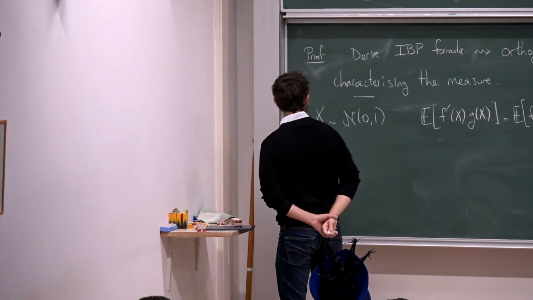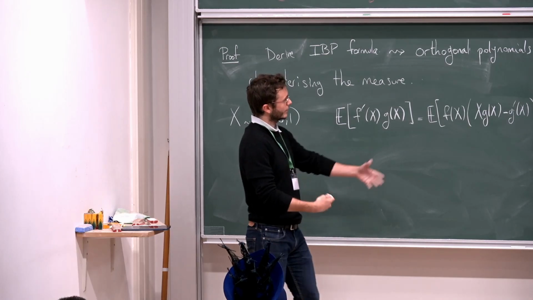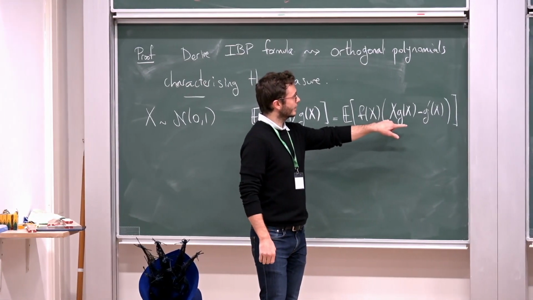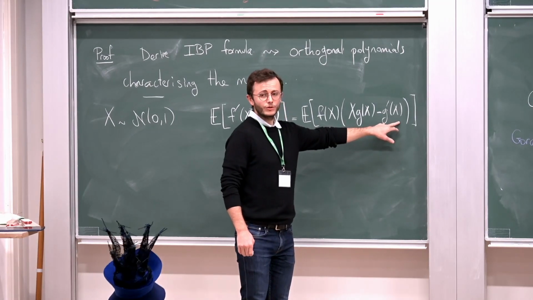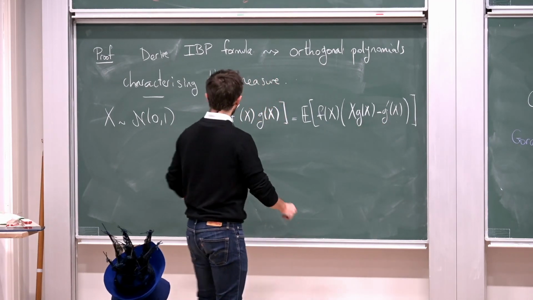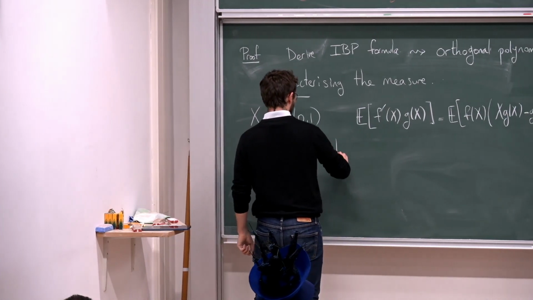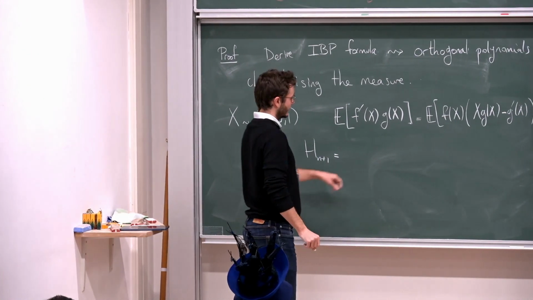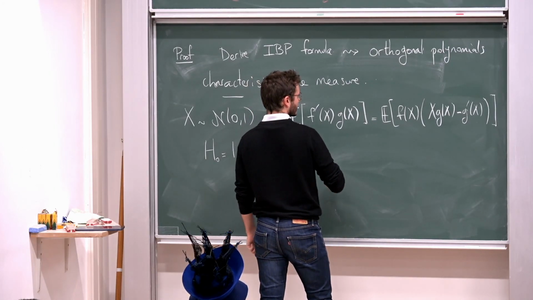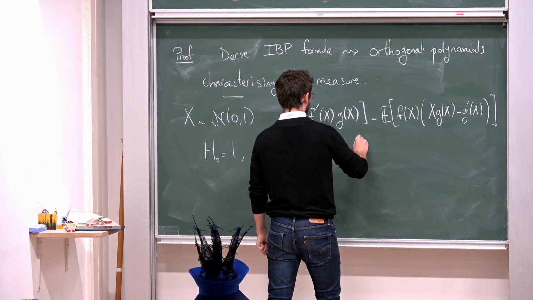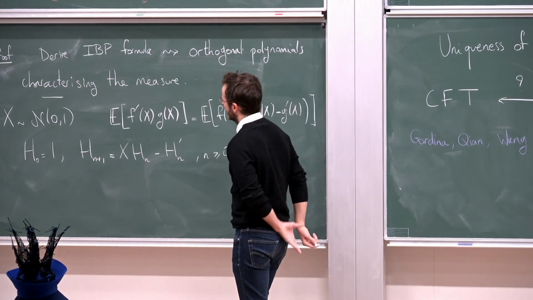So that's my integration by parts formula. Already here we see a lot of nice properties. For instance, we can read the Hermite polynomials from this formula, because if I define H_0 is simply 1 and H_{n+1} is x H_n minus H_n' for n at least 0.